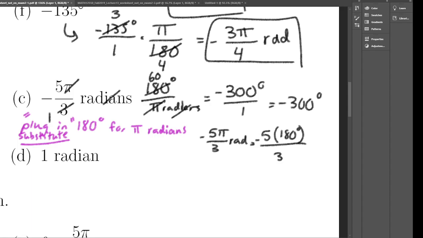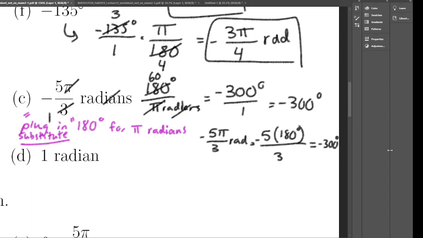And you get negative 5 times 180 over 3, and you can do the same multiplication out, which will still give you negative 300 degrees. So it is a thing that you can do. If there's already a pi in the expression for radians, if you replace all the pi's with 180 degrees in parentheses and simplify, you'll get the same answer as if you had multiplied by 180 degrees over pi. I'll let you think about why that is on your own.